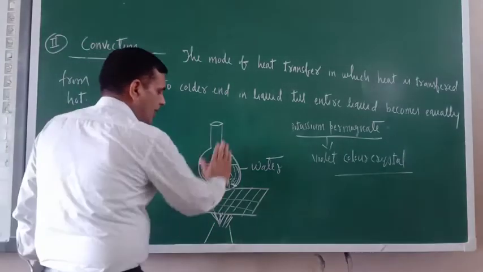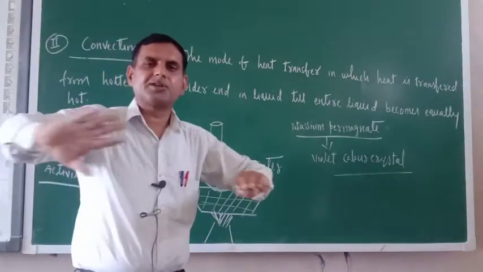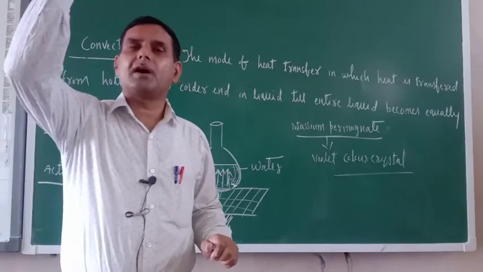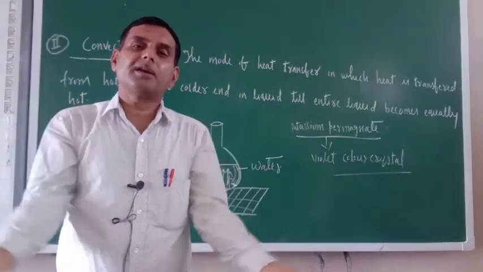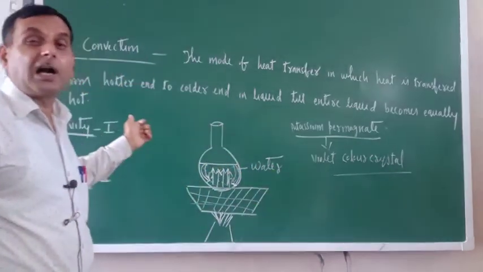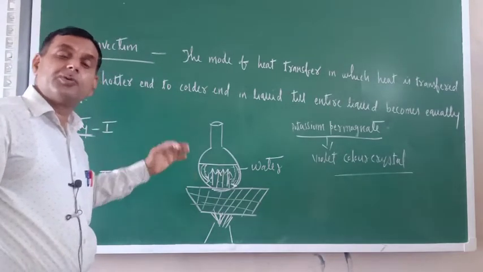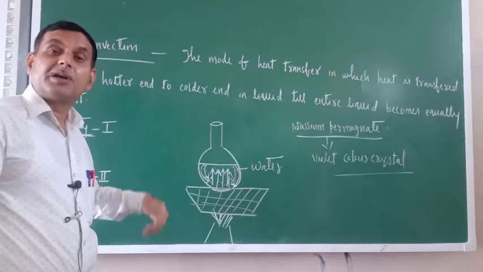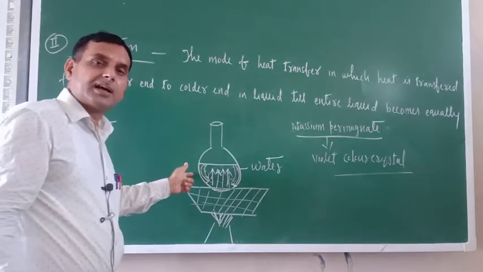Some are going up, some from the sides are coming down. So one stream is generated. This is what is called convection. And this process will continue till the entire liquid of the flask becomes equally hot. This process is called convection.